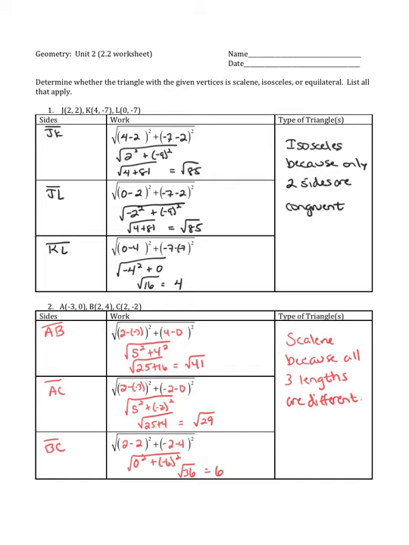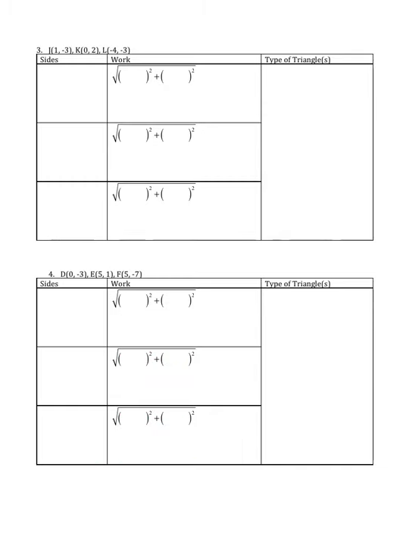All right, let's go to the next page. Okay, different color because I get bored. I'm going to do JK, then JL, then KL. This is simply the order I do them. You can do them any order you want. Alrighty, JK, 0 minus 1 squared plus 2 minus negative 3 squared. 1 squared plus 2 minus negative 3 ends up being 5.